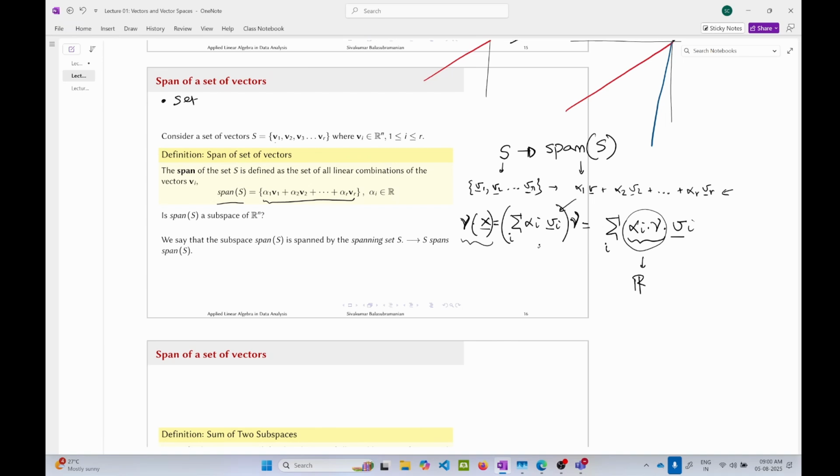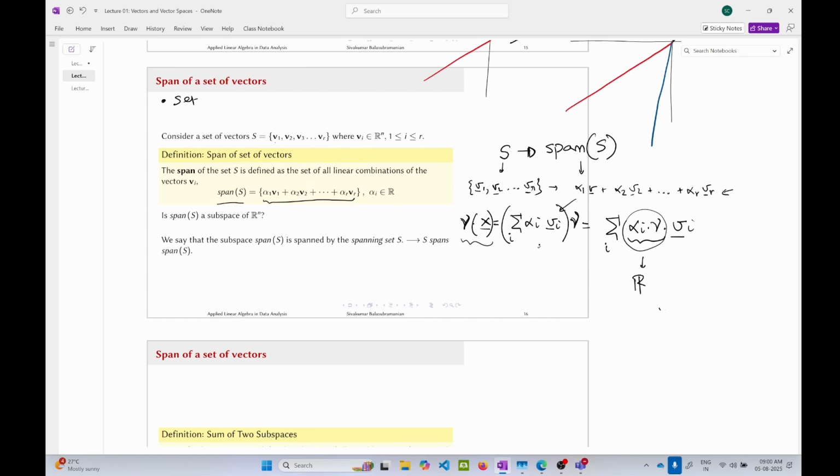Because this is a real number, we are taking a linear combination of Vi's. If the resulting vector is a linear combination of the Vi's, it has to be in the span of S, because the span of S contains all the linear combinations of Vi.